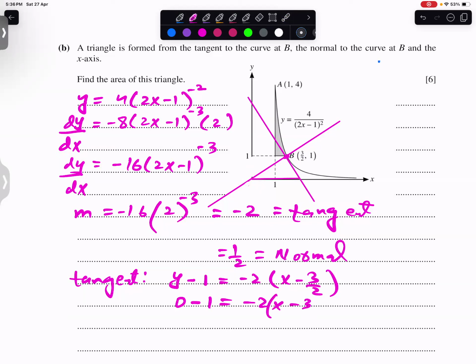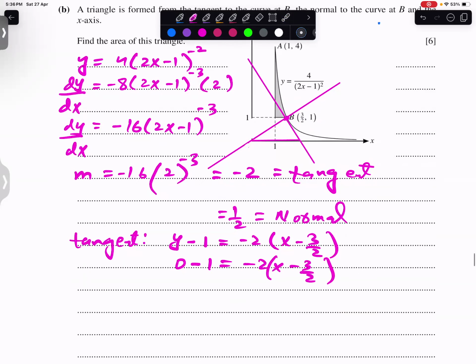We have to find the x-intercept. So -1 equals -2 into (x minus 3/2). Bring 2 to the left side. 1/2 plus 3/2 will be 2, 4/2, that is 2. So this is my value of x.